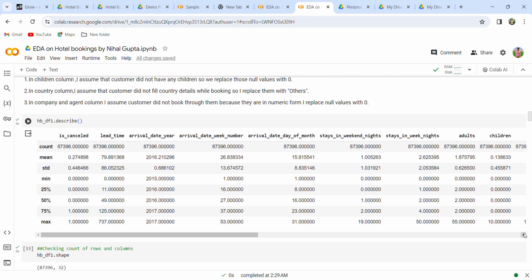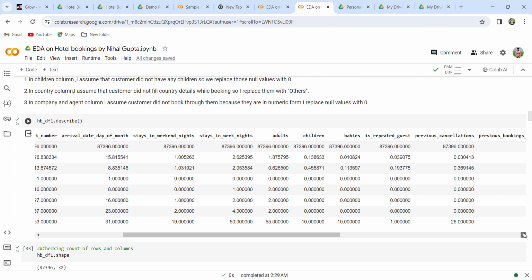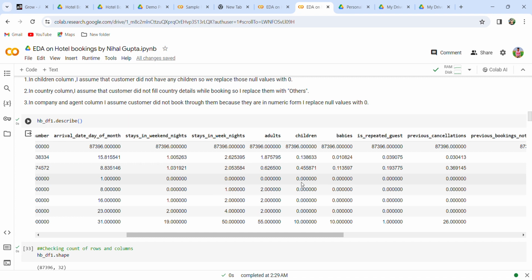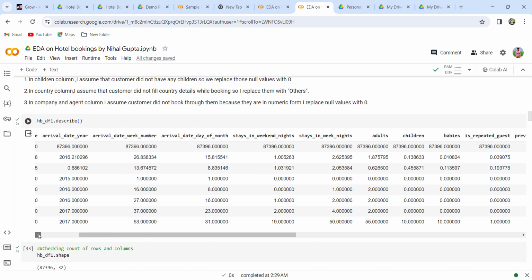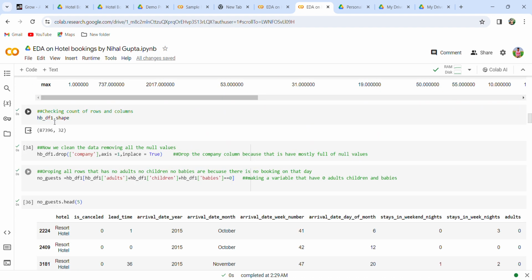We have got all the data about babies, and by this data we will make our analysis of how many singles, how many couples, how many stayed in the hotel and how many of them cancelled. So let's come to the point. Checking the count of columns and rows. So these are the columns and rows after modifying our data.